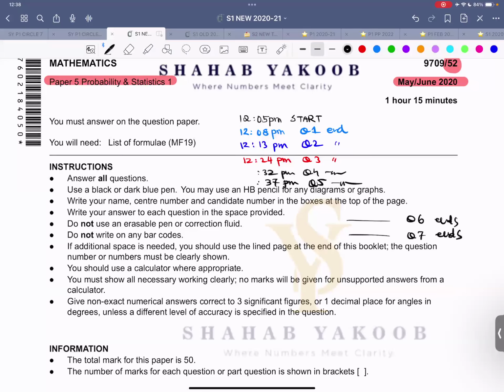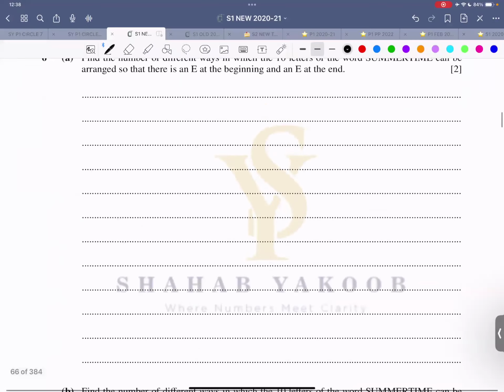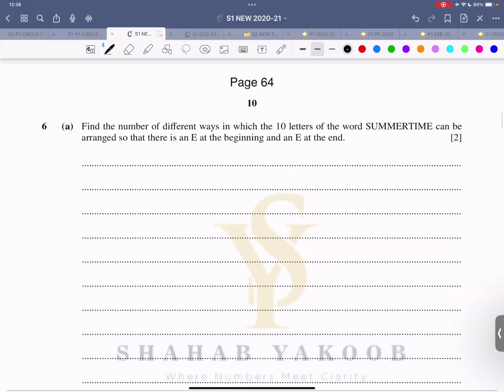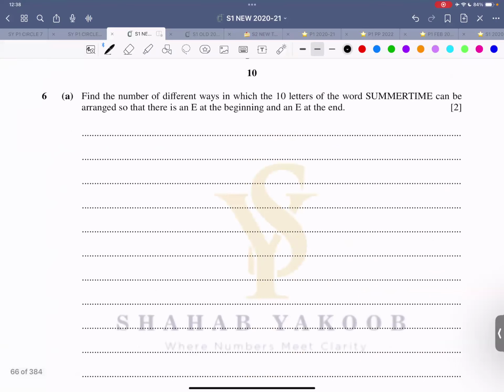Okay. So now let me go back. Permutation combination, your favorite topic. So now it says, find the number of different ways in which 10 letters of the word summertime, S, U, M, M, E, R, T, I, M, E, summertime.